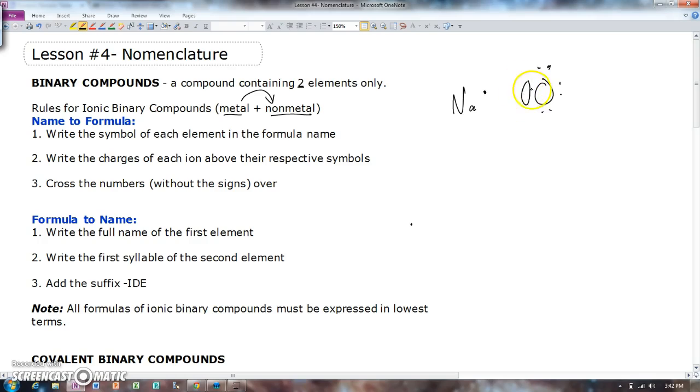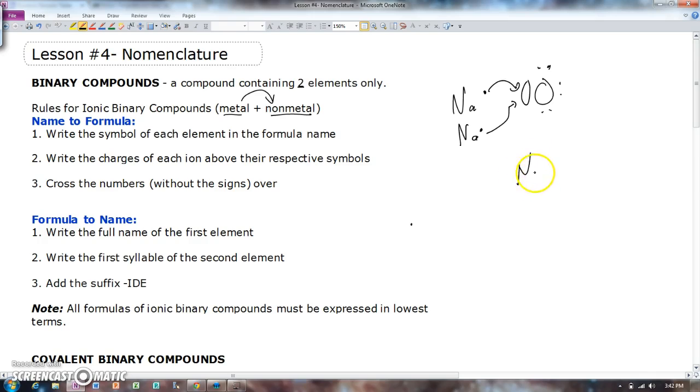So it needs 2 more electrons to be happy. Sodium has 1 to give up. So what you end up seeing here is you need an extra sodium for this bond to work. Okay, so sodium gives up an electron, and you need 2 of them to fill your 2 empty spots for oxygen.